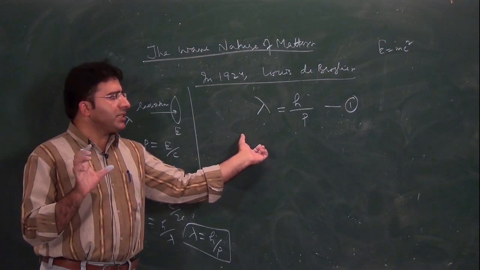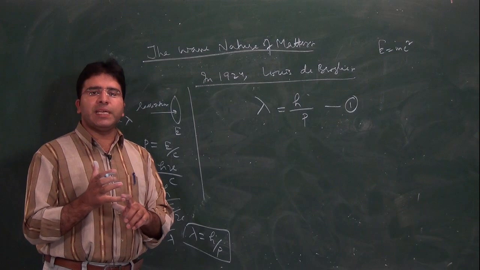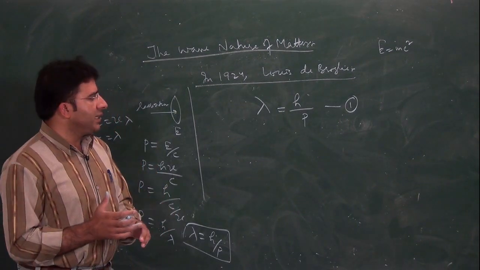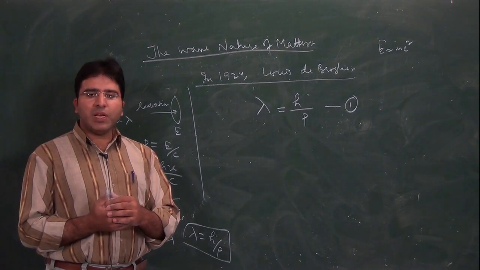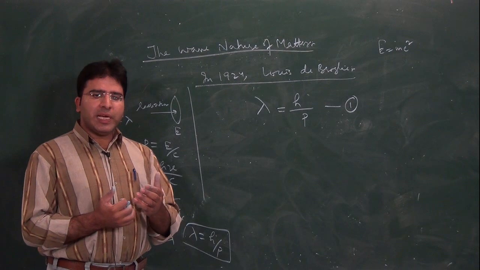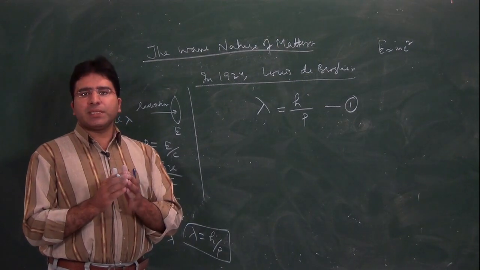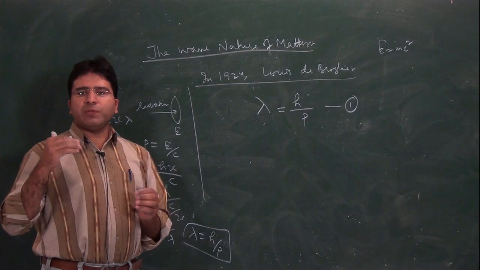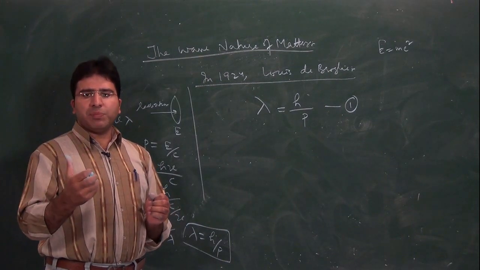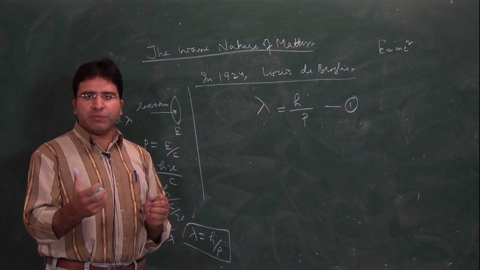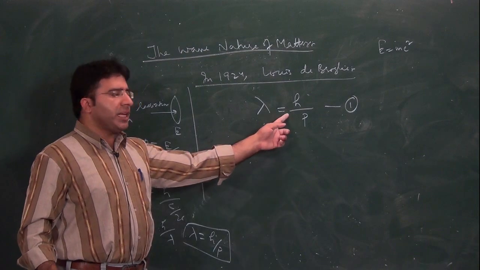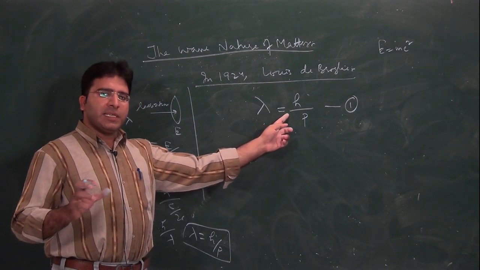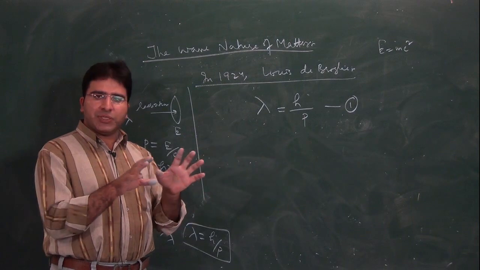So the Davisson-Germer experiment, on one hand, establishes the wave nature of matter. And one more thing: it compares the measured value of the wavelength of the electron beam with the value predicted by de Broglie's equation, and it is established that they match.